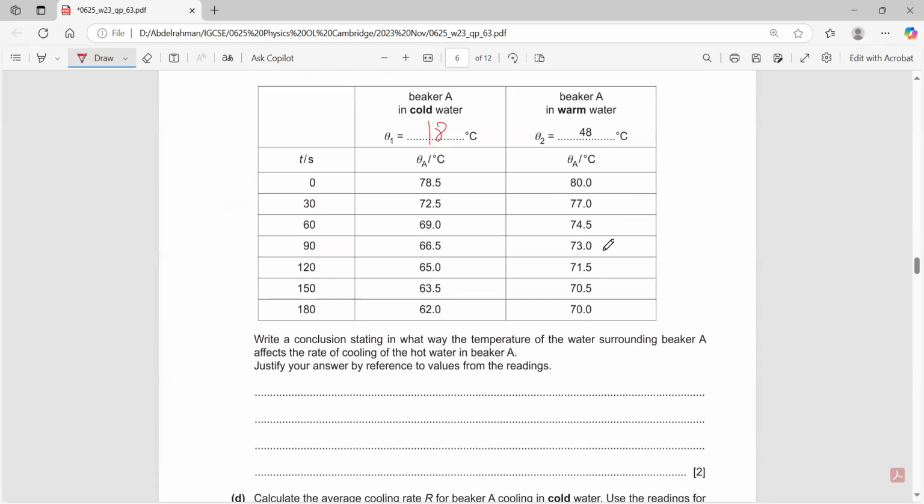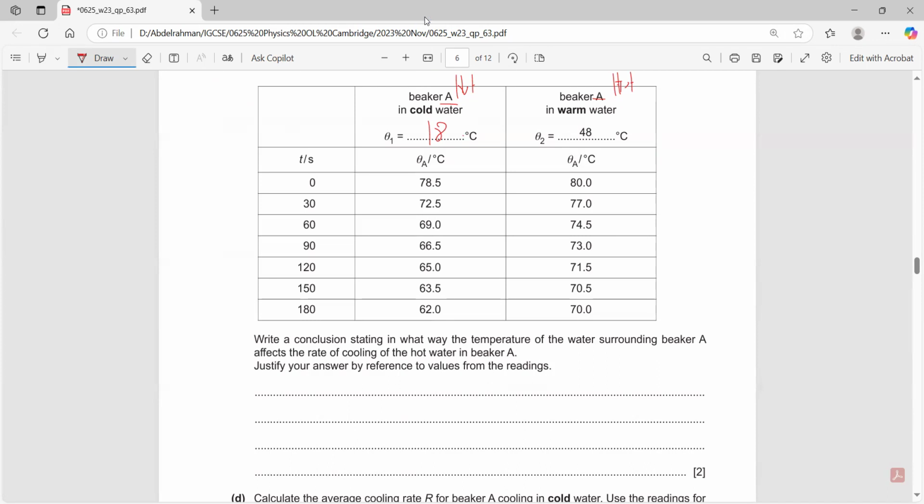Write a conclusion stating in what way the temperature of the water surrounding beaker A affects the rate of cooling of the hot water in beaker A. You have warm water and you have cold water. In the first experiment, he added beaker A, which has hot water, into another beaker which has cold water.